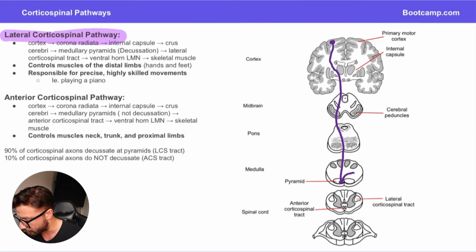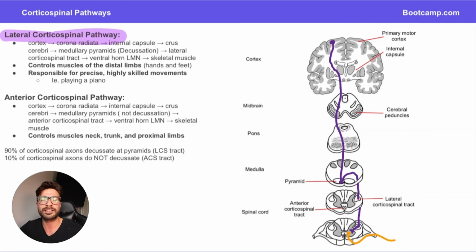So it's going to pass backwards and decussate, and it's going to continue to descend down our lateral corticospinal tract, which, if you remember, is going to be that tract or that area just lateral in that lateral column. So it's going to continue to descend. And then once it reaches that target spinal level, it's going to synapse with a lower motor neuron found in the ventral horn. And then that lower motor neuron, of course, is going to exit and go and stimulate that specific muscle.